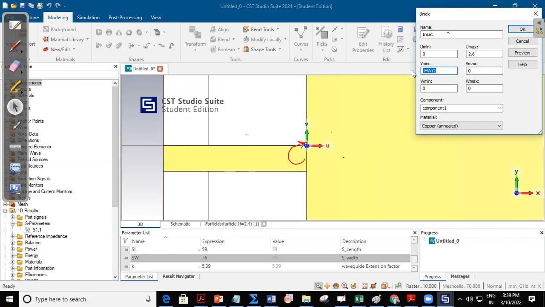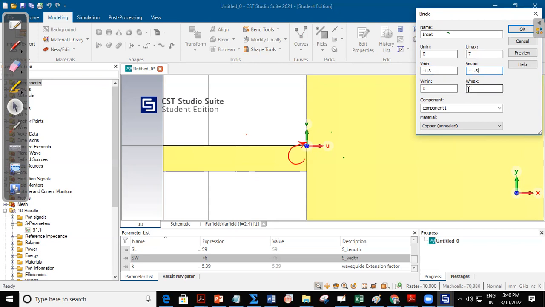For example, I'm taking a rough example here. Let's keep the length here as 7 mm, and for the width we want from minus 1.3 to plus 1.3, the same dimension.